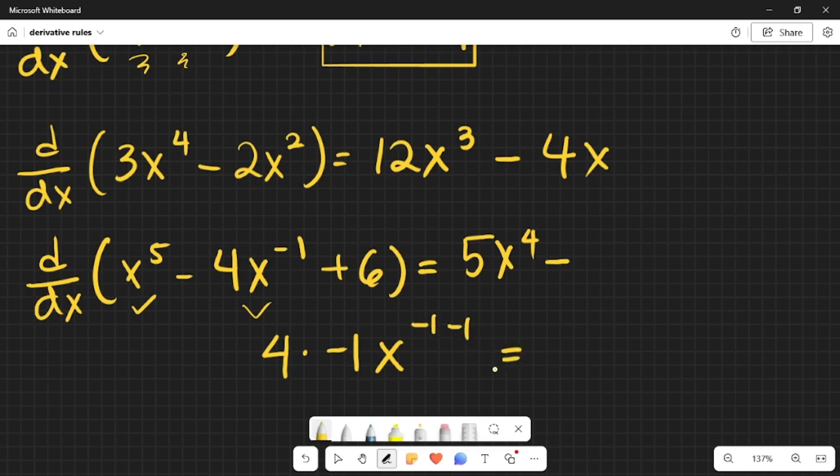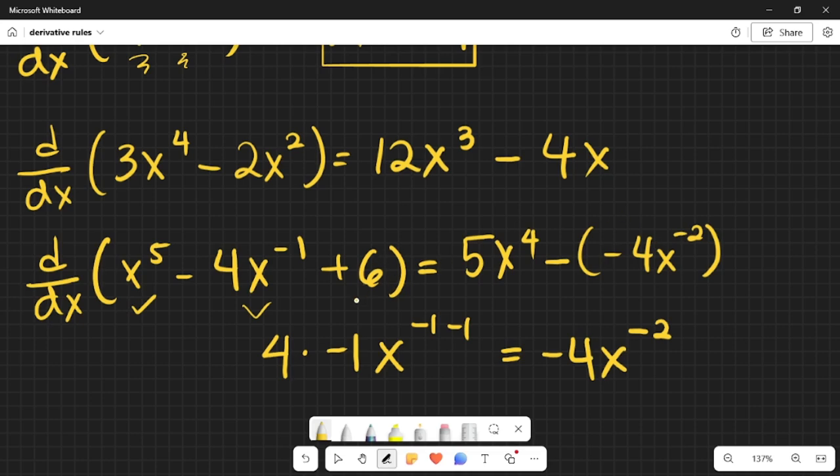What would that be equal to? Negative 1 times 4 is negative 4. We're going to copy x, and we're going to have negative 1 minus 1. Negative 1 minus 1 is negative 2. So we're going to put negative 4x raised to the negative 2 power.